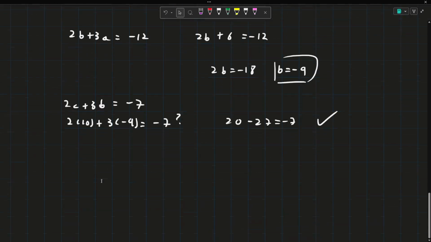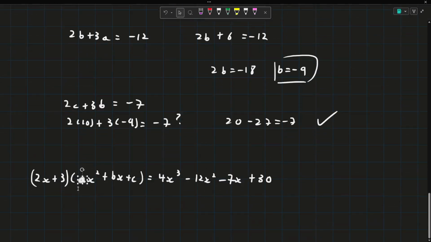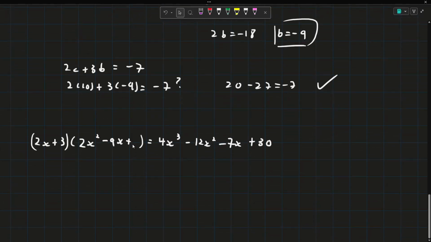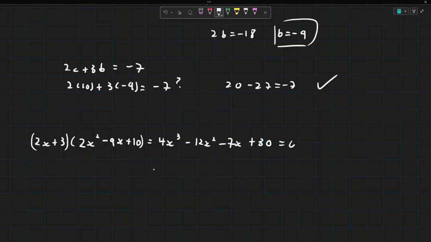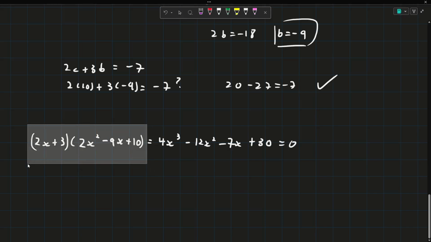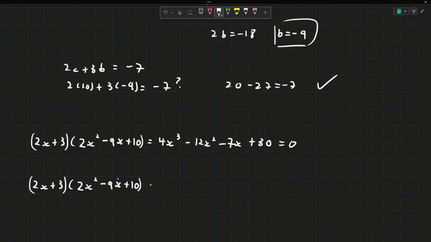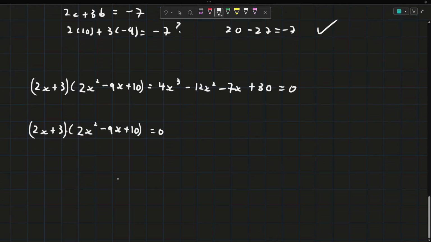So let's take down the original statement that we had here, except now we know that a is 2. We know that b is minus 9, so we'll have minus 9x. And we also know that c is equal to 10, so we have plus 10. So instead of writing the cubic, we can also write it in its factored form like this, and we know that's equal to 0. So if we have two things multiplied together and it's equal to 0, either the first thing is 0 or the second thing is 0.